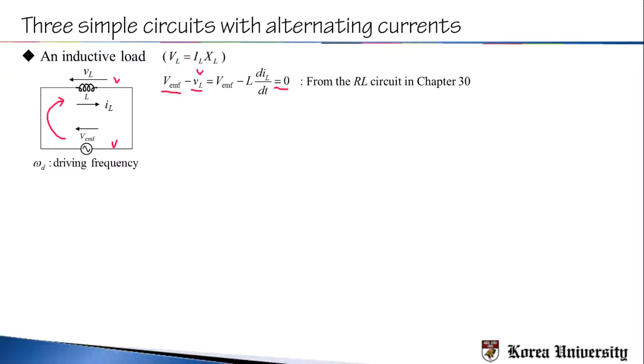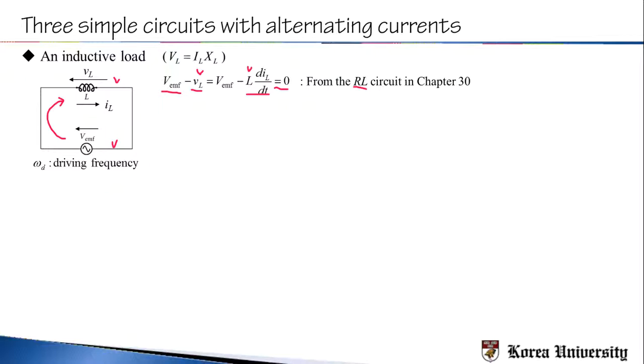If you go back to chapter 30 and look at the part on the RL circuit, we already had this expression, which is given here. The potential across this inductor is equal to the inductance multiplied by the time derivative of the current. This actually comes from the definition of the inductance.